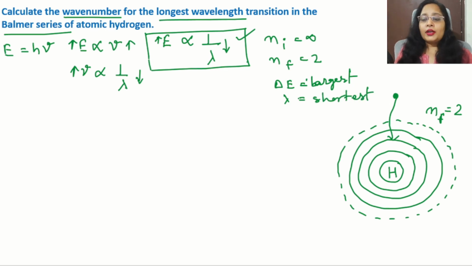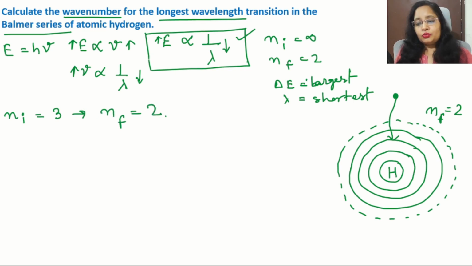But we need the longest wavelength. It means we need to make the energy difference smallest. When will the energy difference be smallest? When the distance is smallest. So if n initial, the excited state of the electron, is n equal to 3 and it drops to the n final state of 2. Why 2? Because we need to create the Balmer series. So if the electron is jumping from n3 to n2, that is the smallest distance, so the energy difference will also be the smallest.